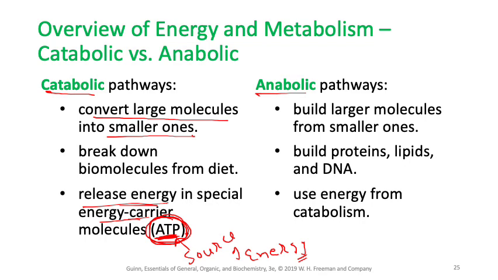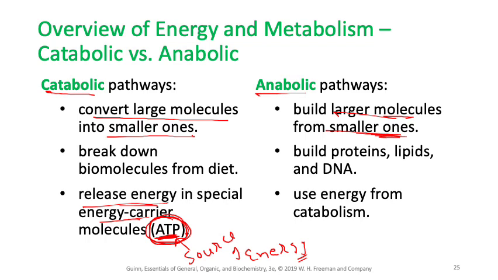So now let's talk about the anabolic pathway. The anabolic pathway is the building of a large molecule from a smaller one, right? Whenever you have a smaller molecule and you have to make a bigger molecule, it means you are making new bonds to make the molecule bigger and bigger.